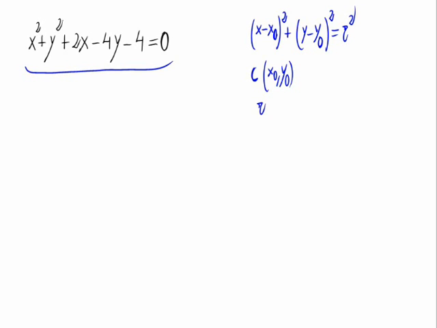To express this equation like this, first let's have a look at the x's we have. This is x squared plus 2x, and we have to try to express it as a square plus or minus something. How do we do this?